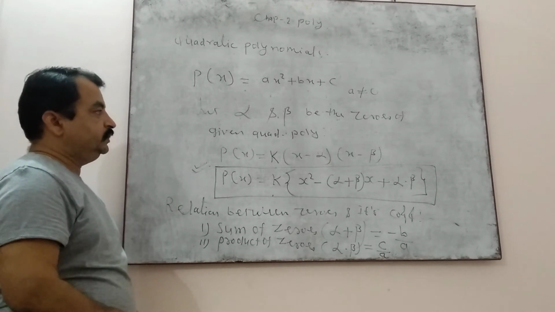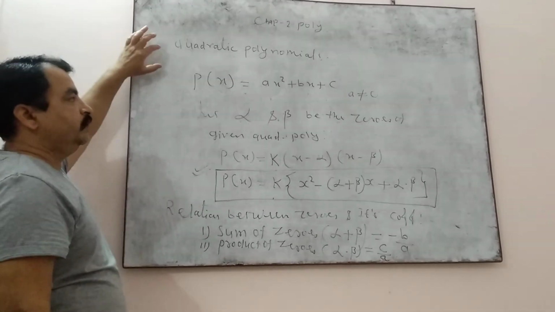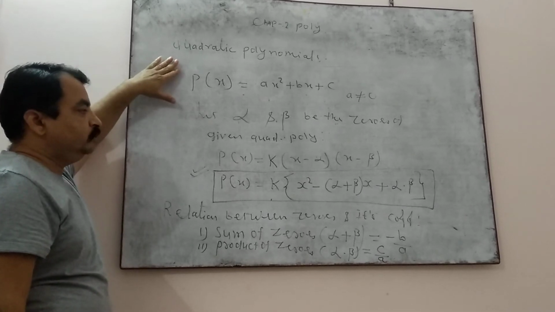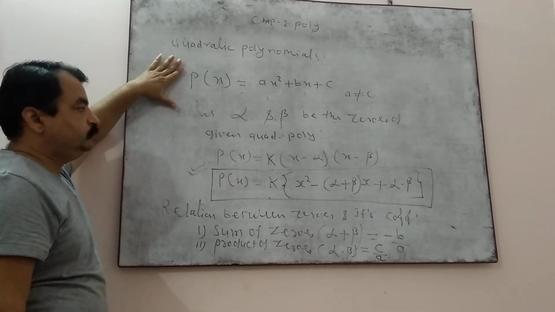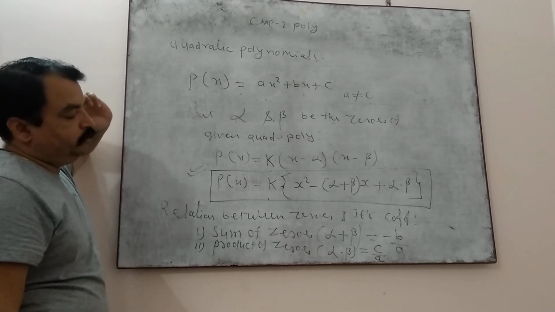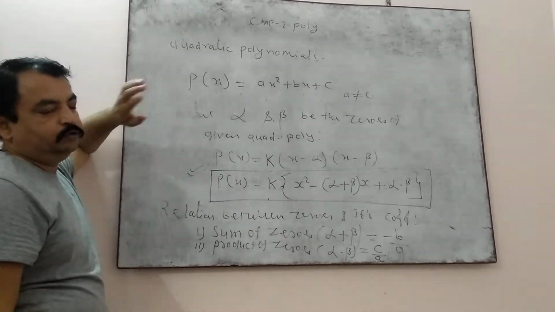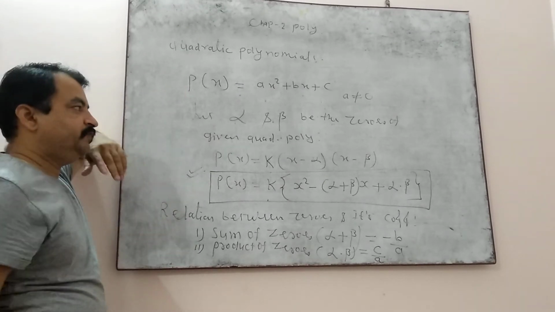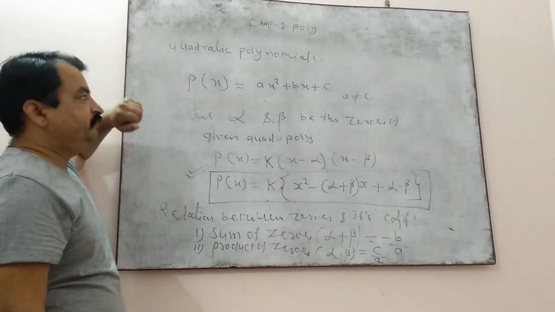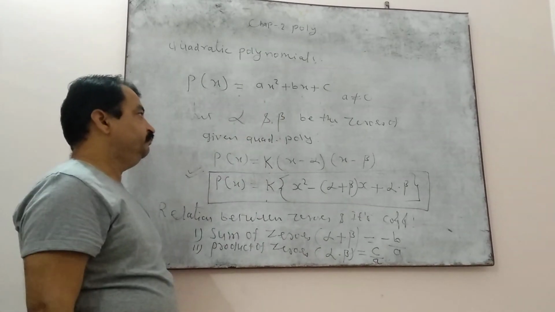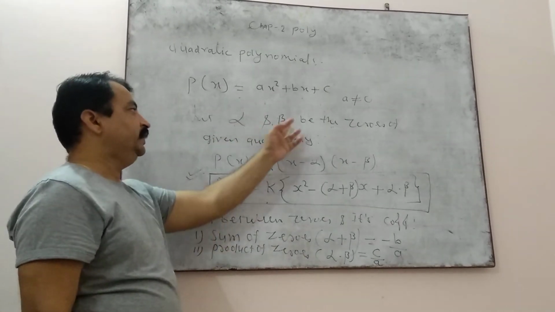So this is the information regarding the quadratic polynomial which we need to solve exercise 2.2, right? One is, if the quadratic polynomial is given, then find the zeros. Definitely by splitting the middle term or the factor theorem, we can find the zeros, that is the values of x, which we assumed here as alpha and beta.